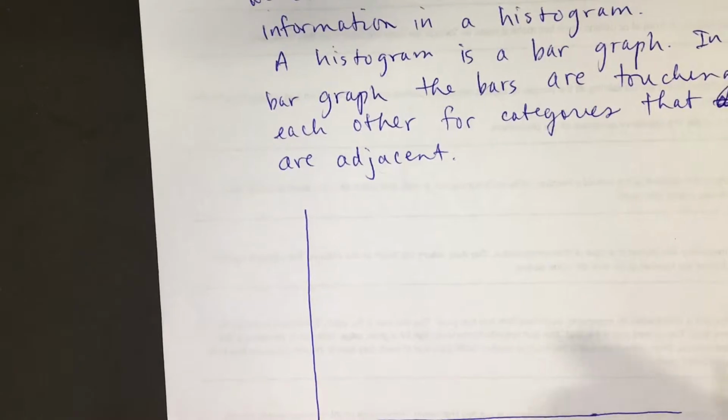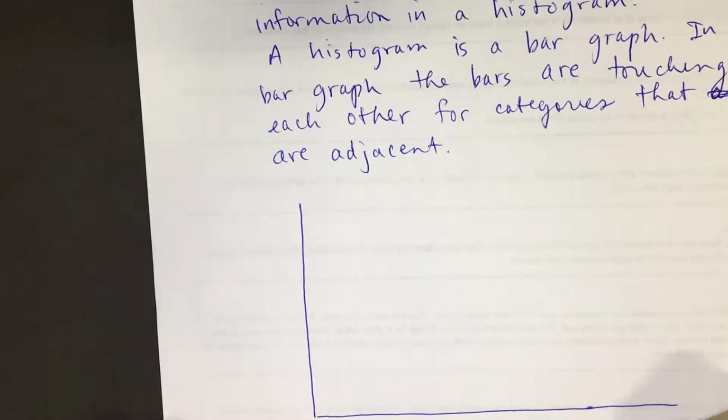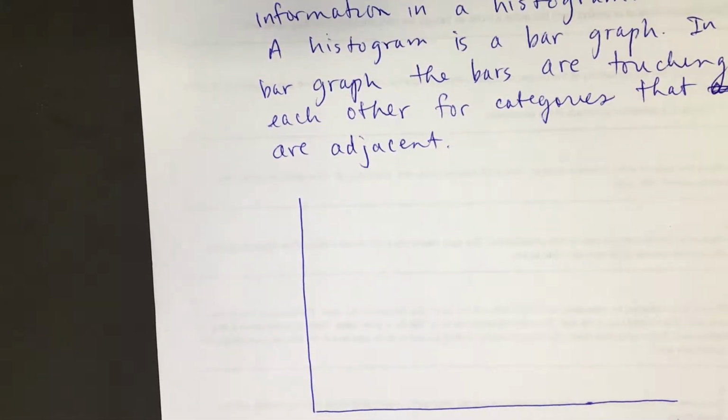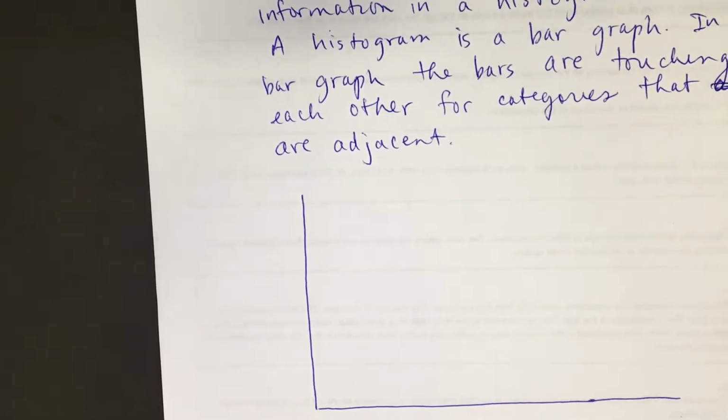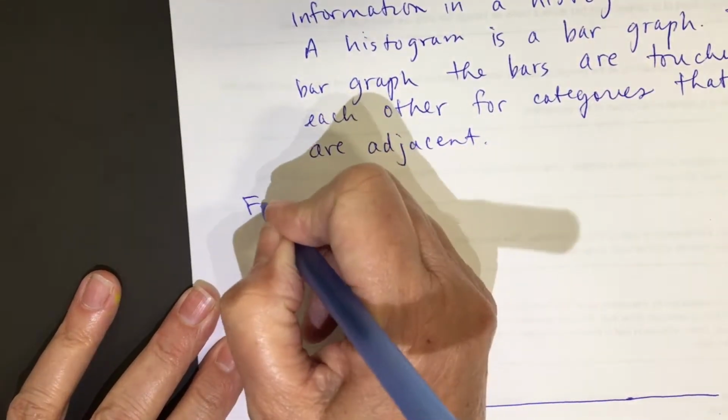The horizontal line is for the categories. I'll put the heights in inches. The vertical line is for the frequencies.